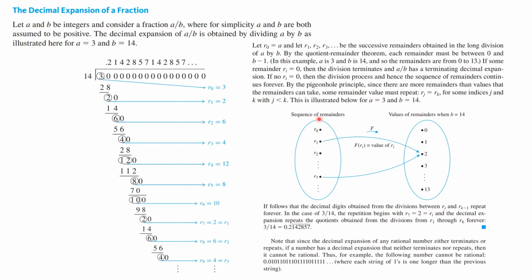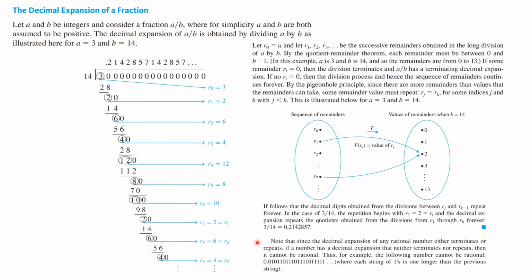These are the remainders that we get when we're dividing in general. So we know that each remainder must be between 0 and b minus 1, and we're talking about a over b. And so there's only a finite number of these, and this is the sequence, so 2 of these have to be mapped to the same thing.